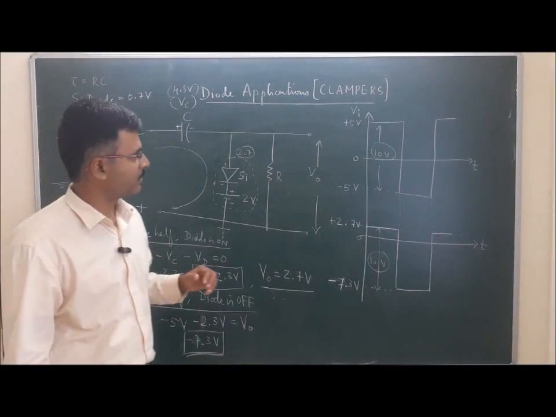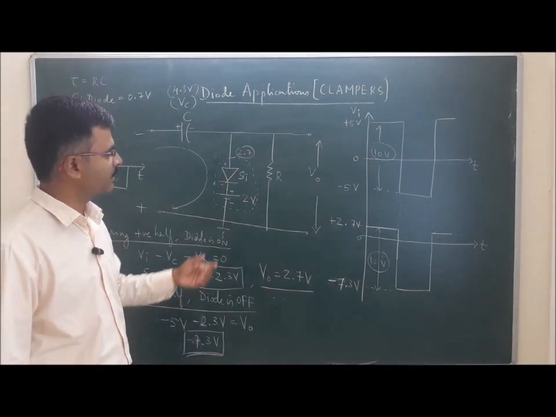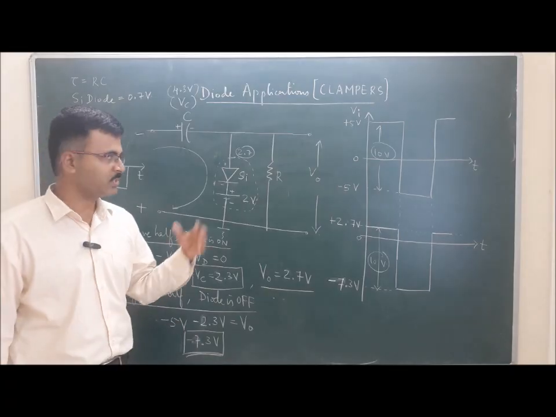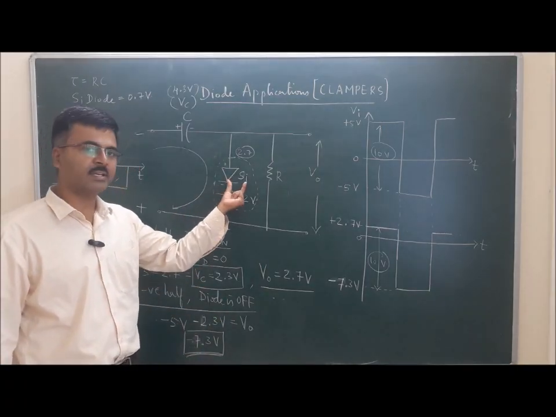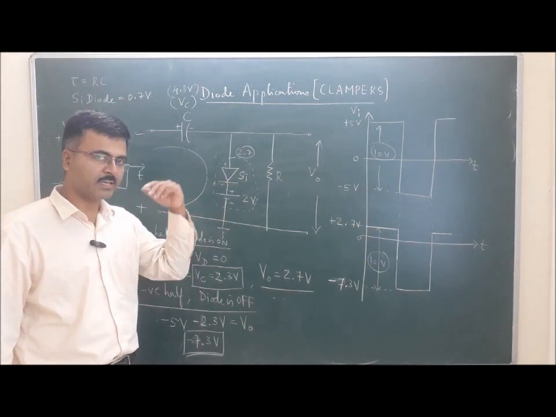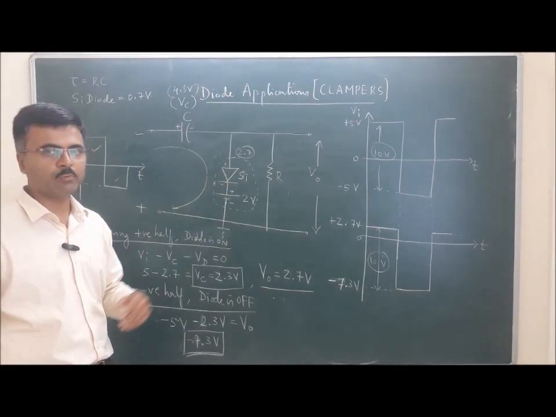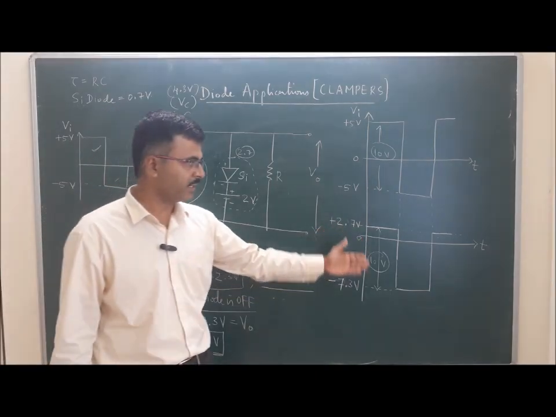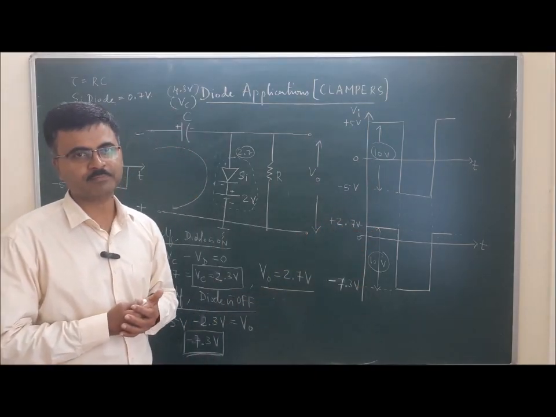Okay, so I hope you have understood the concept of clampers. So there are 4 different possible combinations. You can just try it out on your own. You can replace the silicon diode with a germanium diode, or you can even add an ideal diode. In this case, you can just change the battery voltages and then play with it on your own, so that you will be getting different corresponding clamped output waveforms.